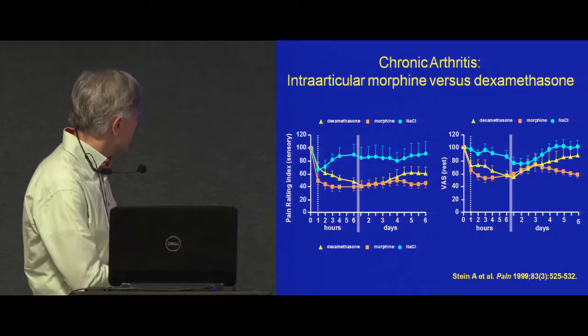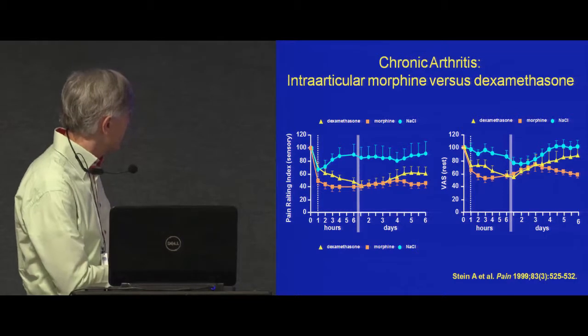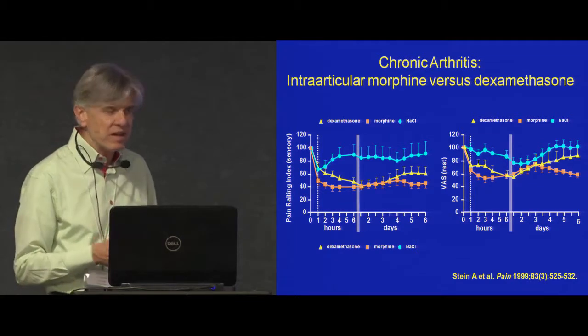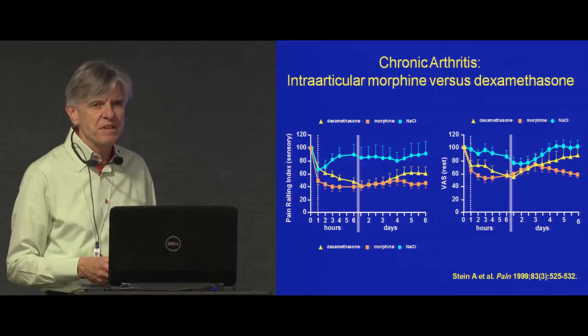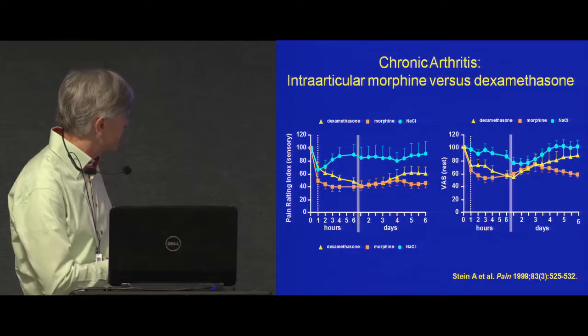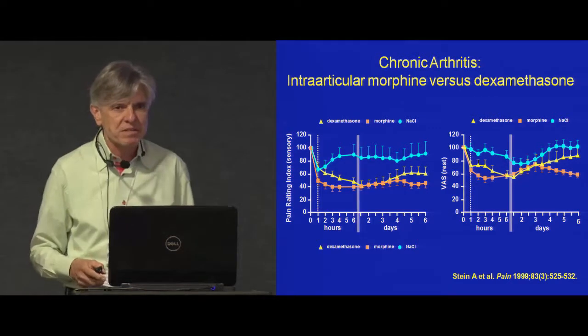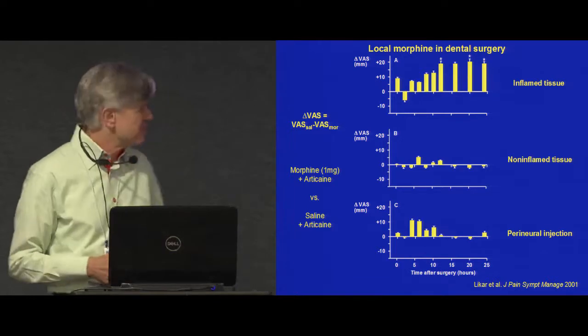And this is the morphine group, and this is the dexamethasone group. So clearly, morphine, just like dexamethasone, produces an analgesic effect that lasts over 6 days, and the analgesic effect is similar to dexamethasone. Again, these are relatively small studies.